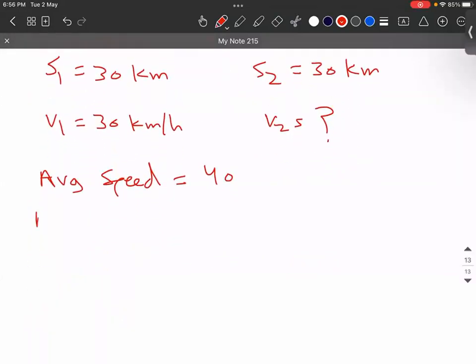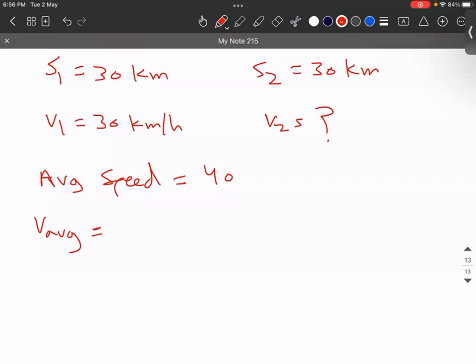So, I'll just write this as V average. Just look at me first, okay? See what I'm doing. What is average velocity or average speed? What is the formula?